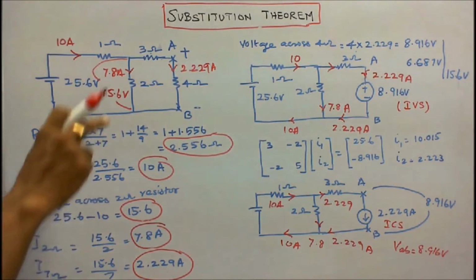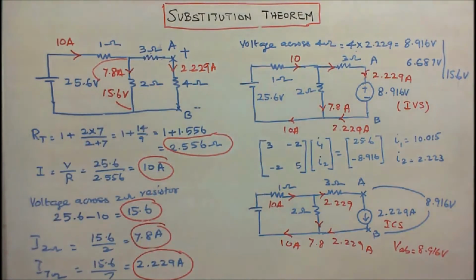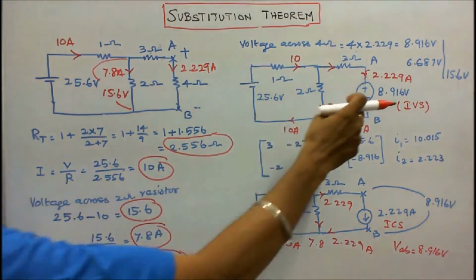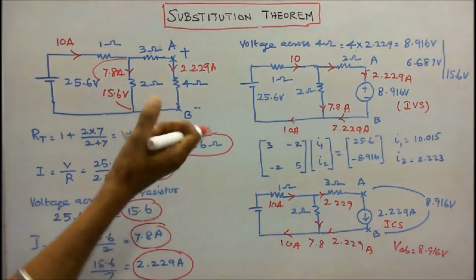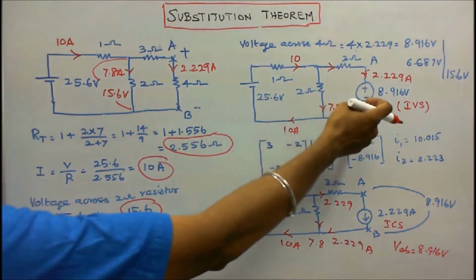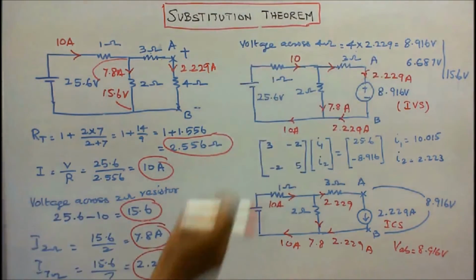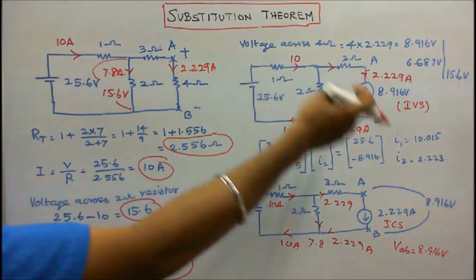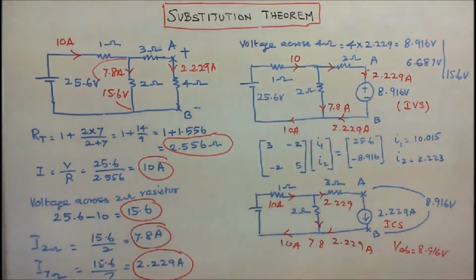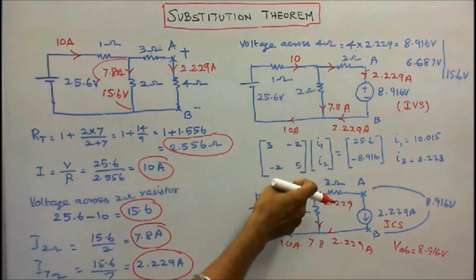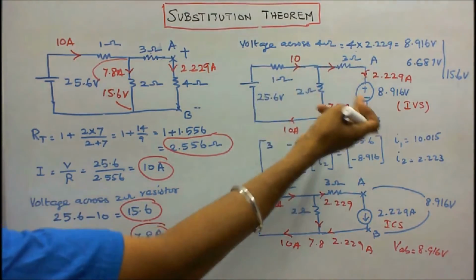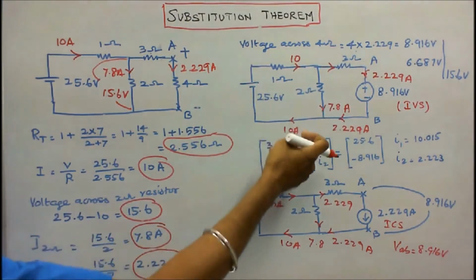Now I can replace it with an independent voltage source. This is 8.916, this is plus, this is minus, because a resistance consumes energy. Therefore, the source current is like this. I verify, because there are two loops. The resistance in loop 1 is 3 and in loop 2 is 5. The resistor common to loop 1 and loop 2 is 2, so the matrix has minus 2.